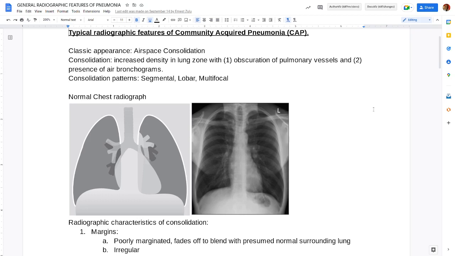There's no longer air. The air has been replaced by that material. As a result, instead of that area looking black as we normally expect it to be, it will begin to adopt a shade of gray that is denser than black, almost closer to the density of the bones.